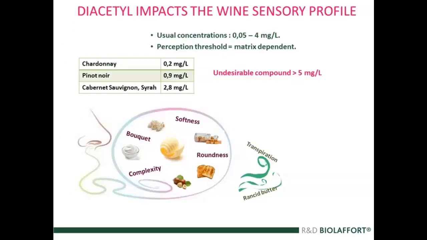The usual concentration ranges from very small concentration, 0.05 milligrams per liter to 4 milligrams per liter.